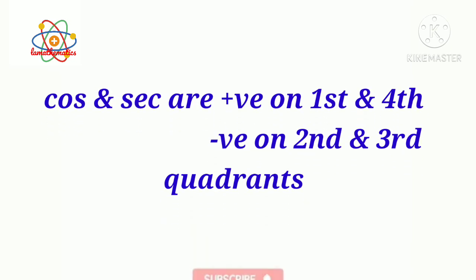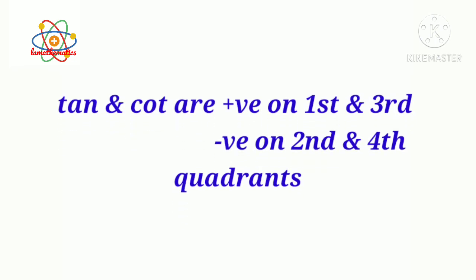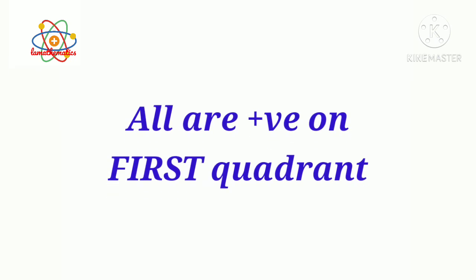Cos and its reciprocal sec are positive on first and fourth quadrant while negative on second and third quadrant. Tan and its reciprocal cot are positive on first and third quadrant while negative on second and fourth quadrant. Moreover, all the trigonometric functions are positive on first quadrant.